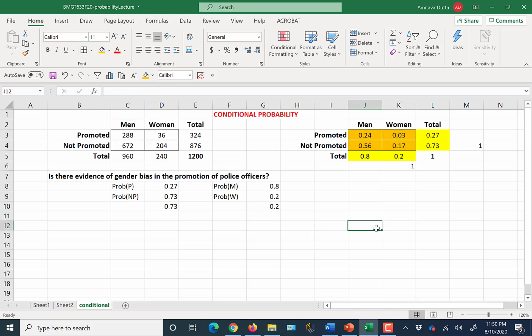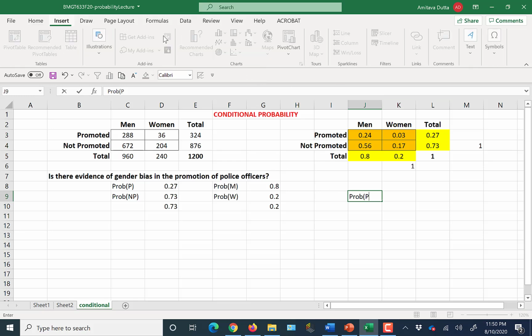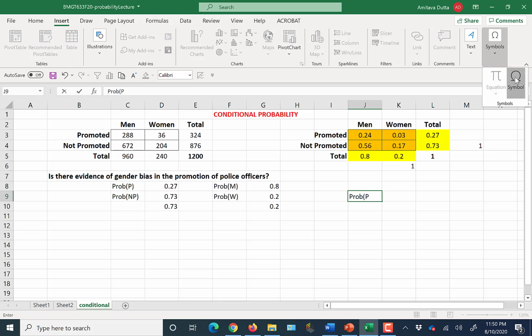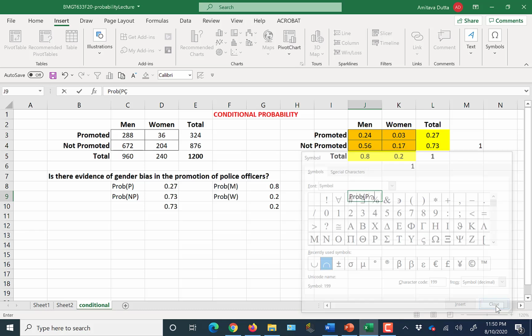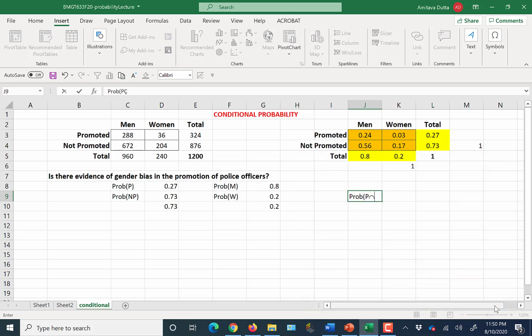I explained that a couple of minutes back, but let me shade this in a slightly different color. I'll make it orange. So this 0.24, this is the probability of being promoted, and you remember the union intersection difference of events, the probability of being promoted and, so let me get the and symbol here, and being male.